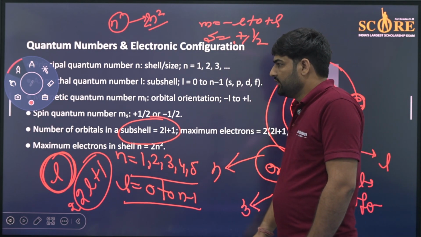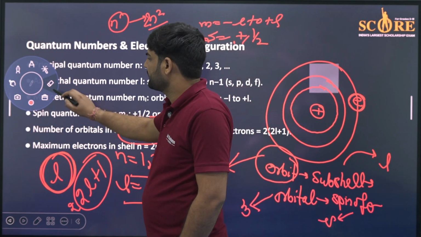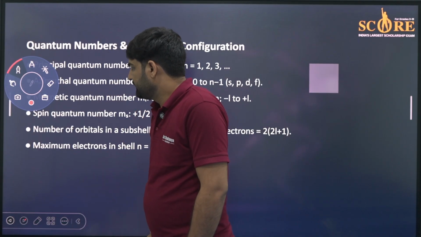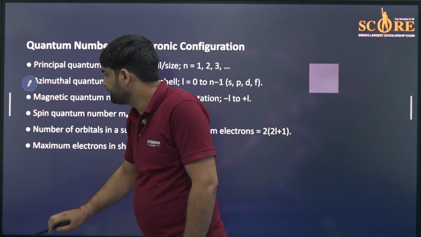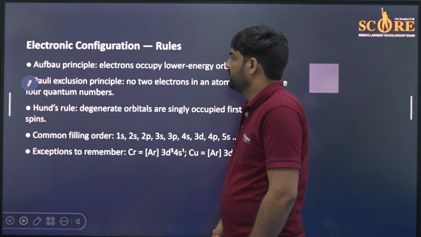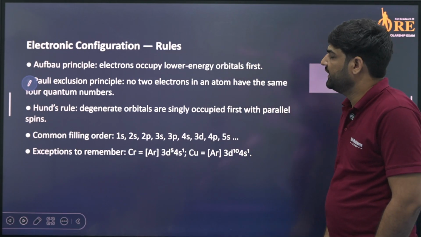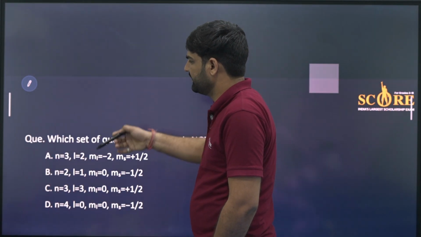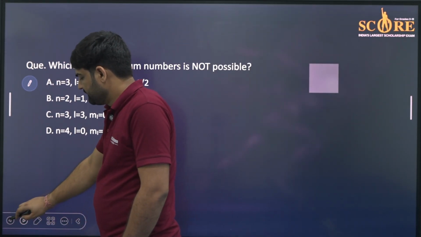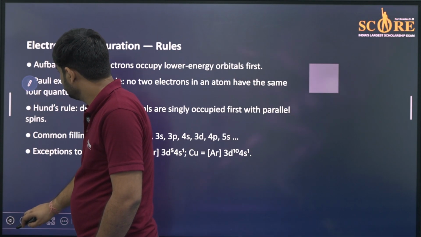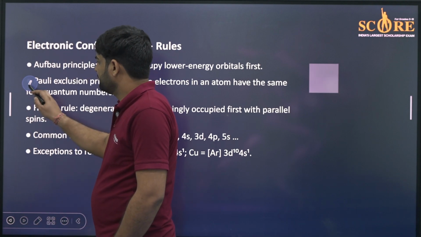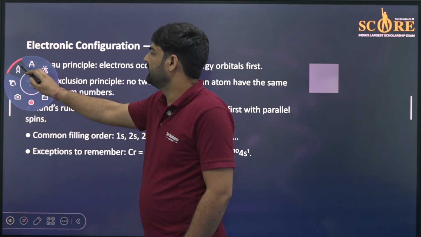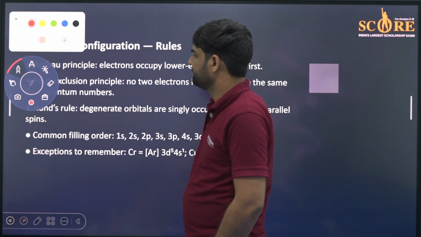Next, we have to write the electronic configuration, and for that we have to follow 3 rules.